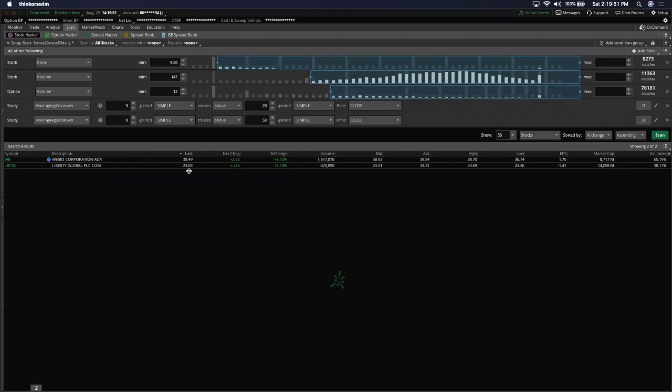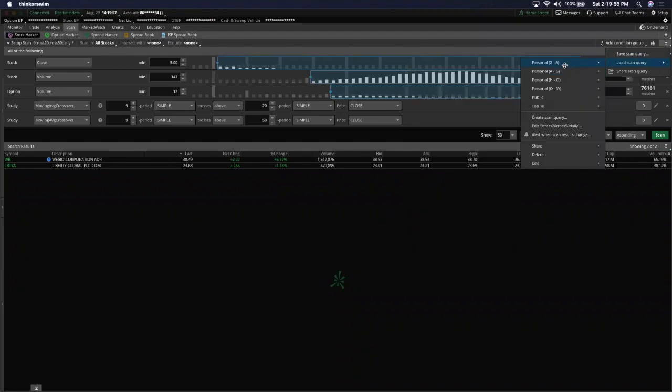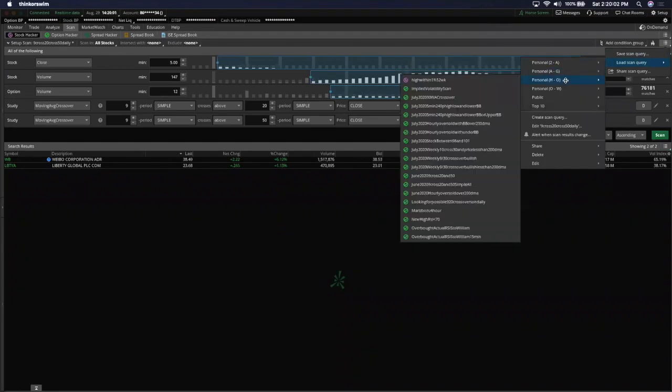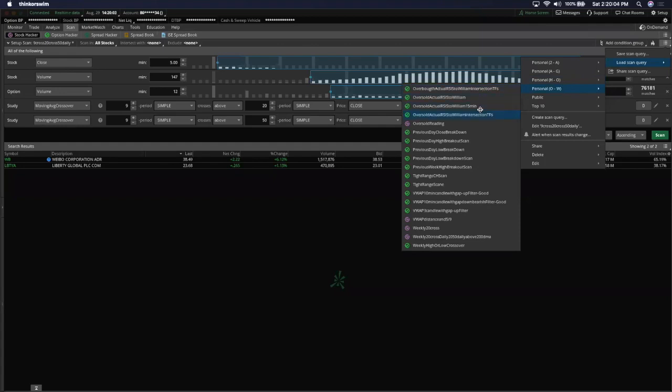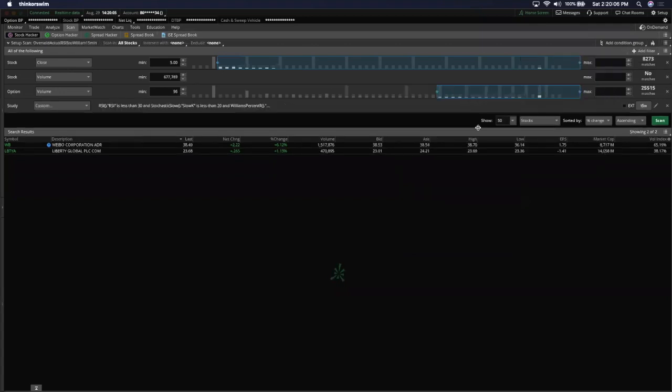Okay, so one scanner which I want to show you, which might be useful during market hours as well, is the oversold scanner. Basically, the top criteria remains the same. The stock volume, I'm only interested in the volume which is huge.